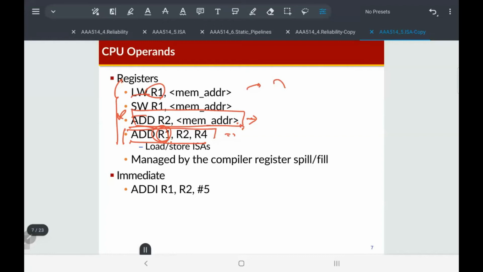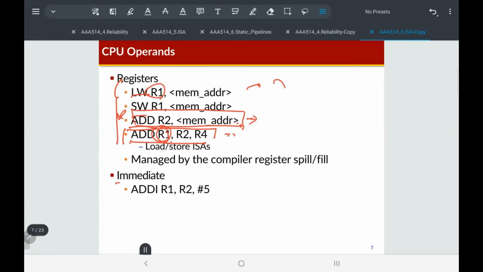So usually in a RISC type instruction set, the data in main memory is only handled by memory transfer instructions, data transfer instructions such as load and store instructions. But in this other type of instruction set, arithmetic instructions can also access the data in main memory.